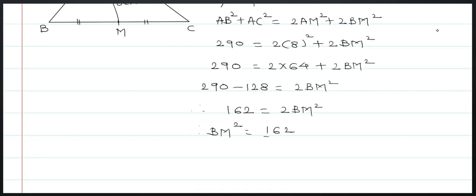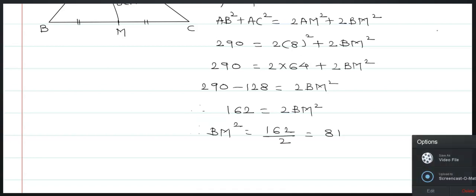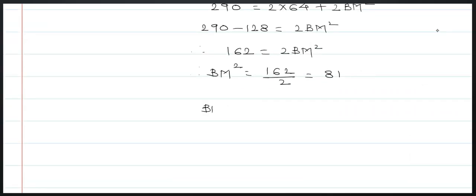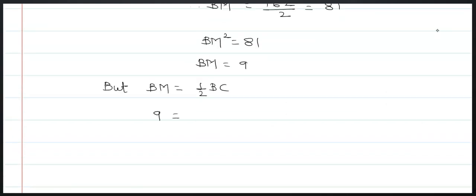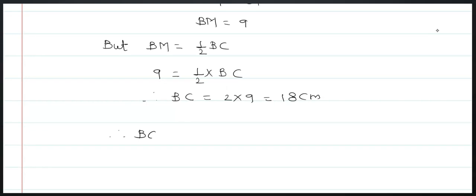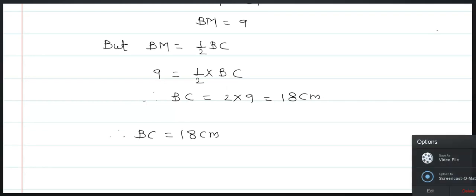Therefore, BM square is equals to 162 upon 2, that is equals to 81. Therefore, BM is equals to 9. And BM is equals to 1 upon 2 BC. Therefore, 9 is equals to 1 upon 2 BC. Therefore, BC is equals to 18 centimeter. This is what we want to find out.